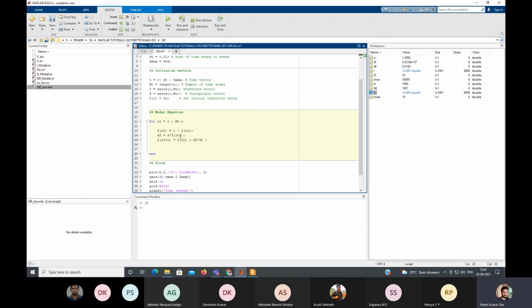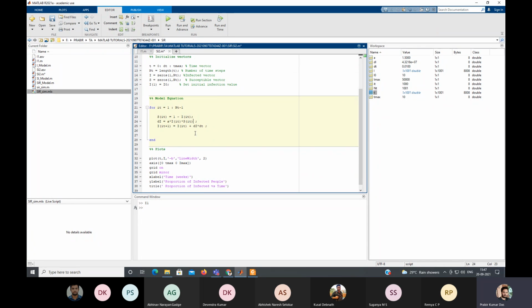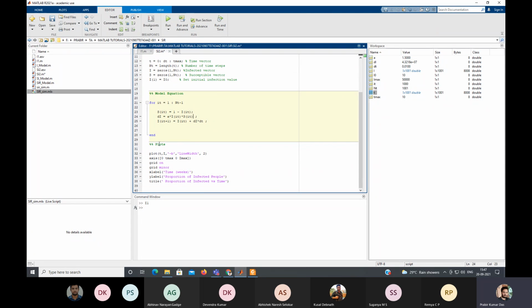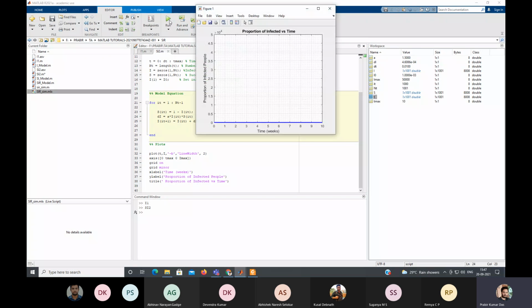Then our di, we have to multiply here, and the rest of the thing will be same. Let's see. It's not showing anything, but it's okay.